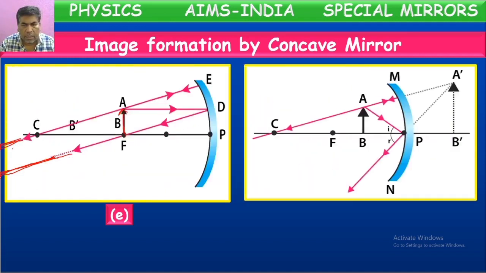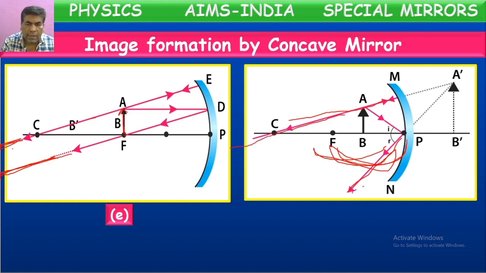Sixth and last case, when the object is between focus and pole, then the reflected rays appear to be diverging. If we extend them on the left side, they will never meet.